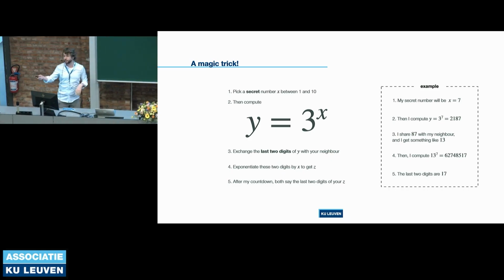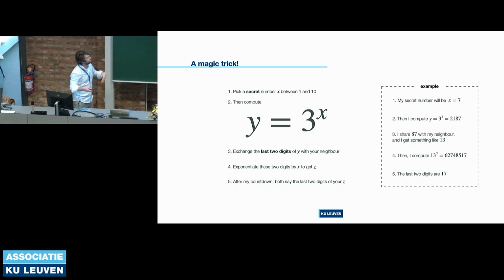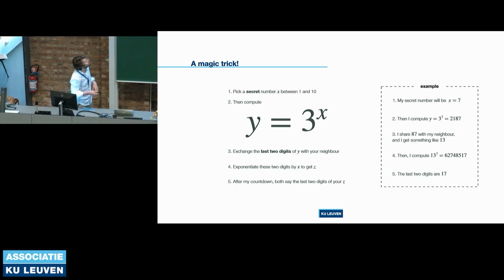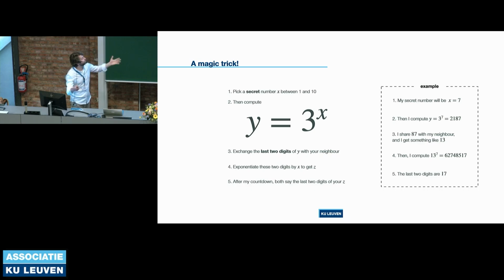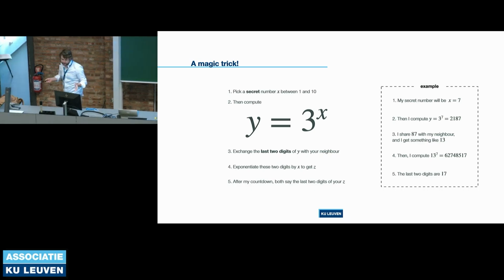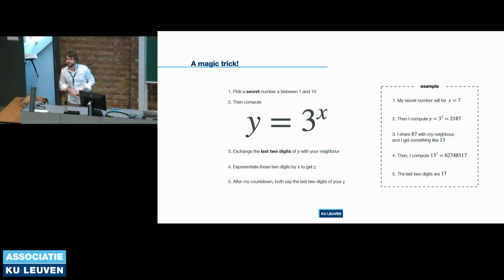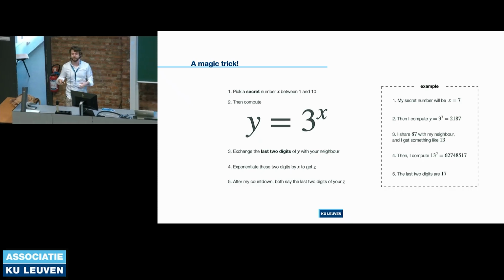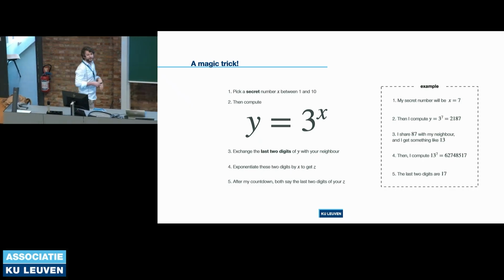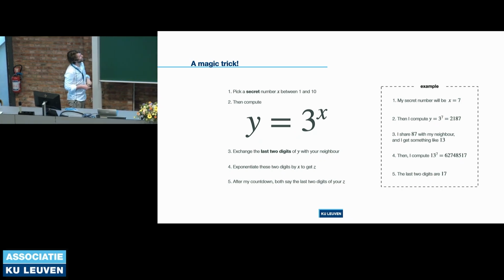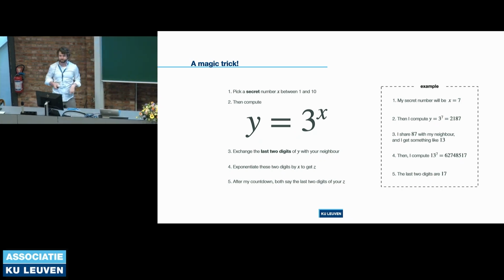Then I would tell my neighbor 87. I get something back, like maybe 13. And then I compute 13 to the power 7 again. Then in the end, we get 17. So take, I don't know, how long do you need? 10, 15 seconds to say hi to your neighbor, pick a secret number, compute that, and share that information.